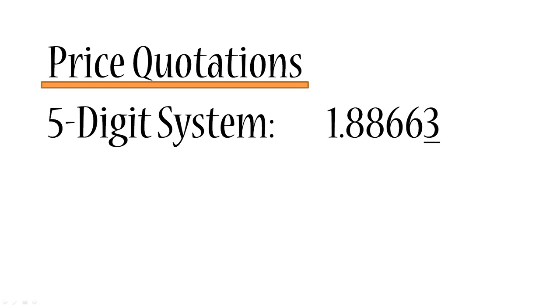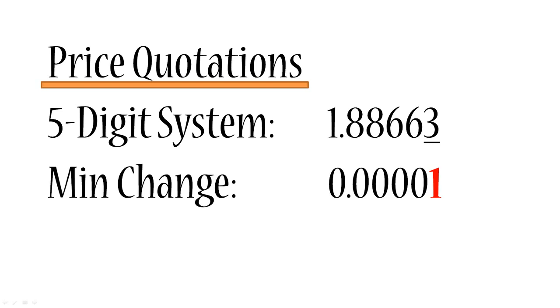So here, that quotation we were talking about for Australian British pound Australian dollar 1.8866 now is actually more precise, and it's 1.88663. So now the minimum change this currency pair can experience is actually 0.0001. So 10 to the power of -5.